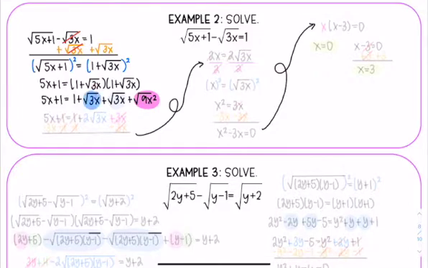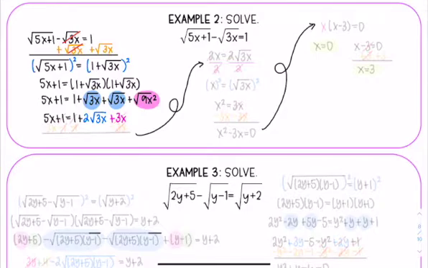And we have like terms in the middle. So we have 5x plus 1 equals 1 plus 2 times the square root of 3x. And the last term is going to simplify as just 3x.